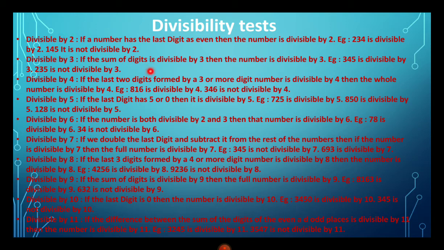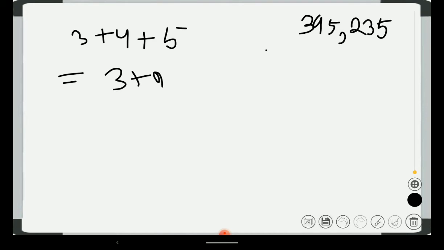Now 3. If the sum of digits is divisible by 3, then the number is divisible by 3. Example, 345 is divisible by 3, 235 is not divisible by 3. So let's see this. I have taken these two examples, 345 and 235. So 3 plus 4 plus 5 gives 3 plus 9, which is equal to 12.